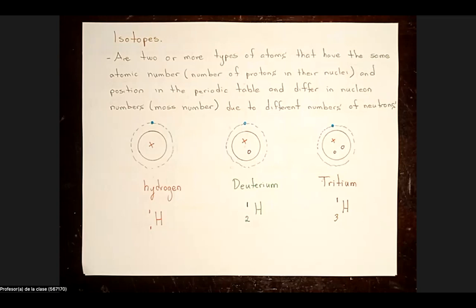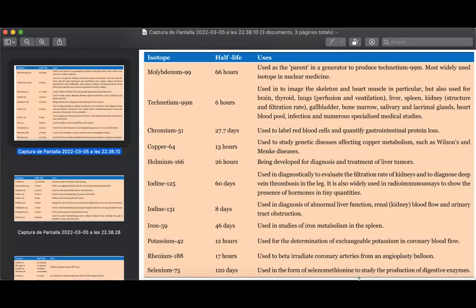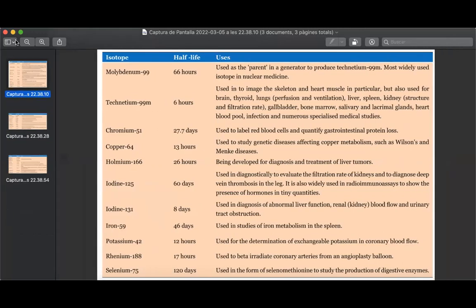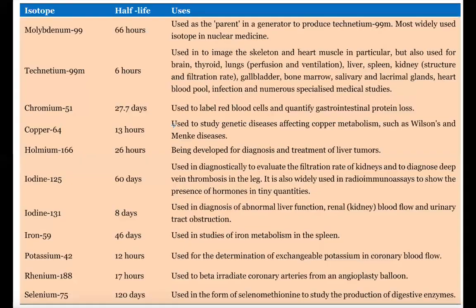Let me see. I can show you different isotope applications, for example, for humans, and the uses that we can have for different isotopes.